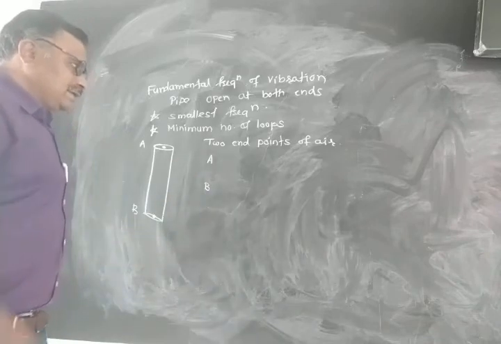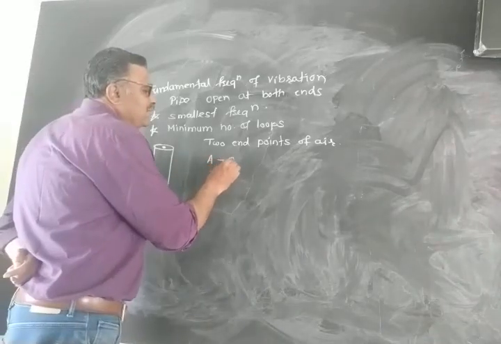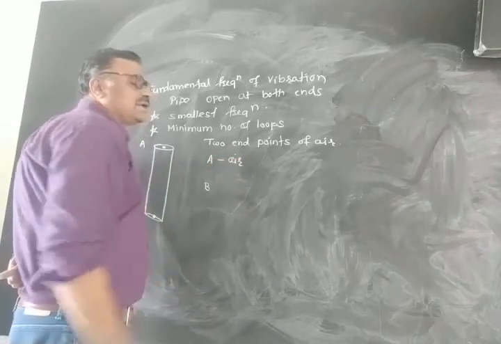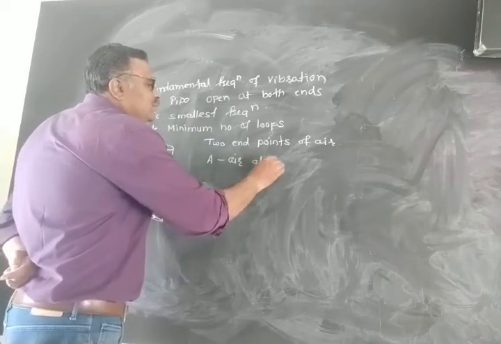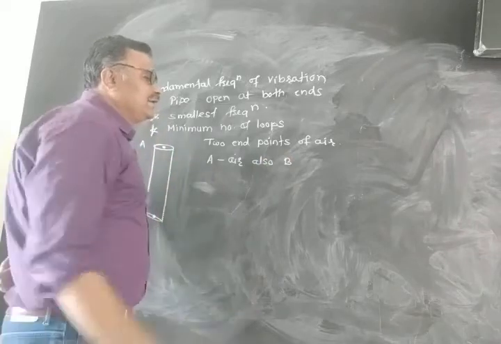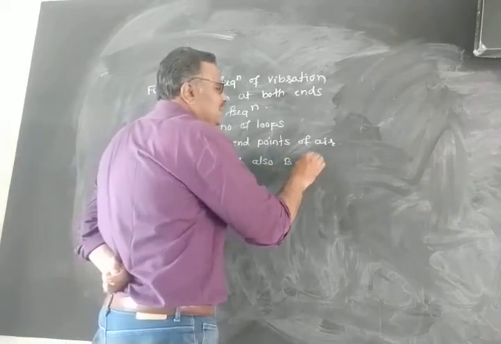We can observe that point A is in contact with atmospheric air. Also, the lower point B is in contact with atmospheric air.